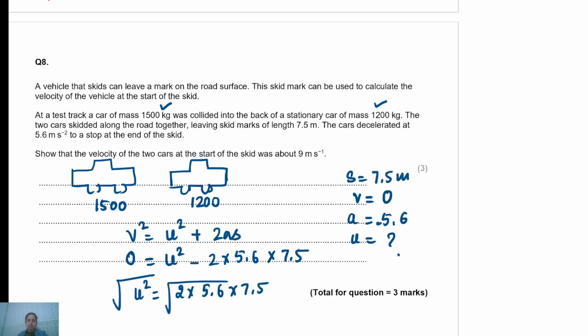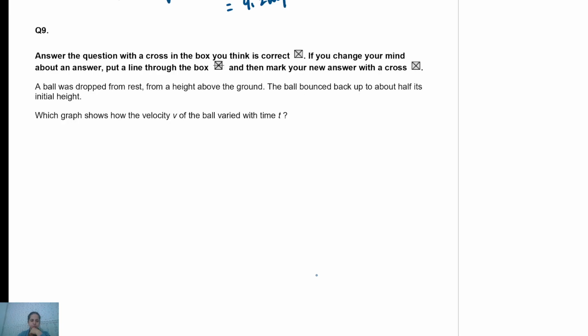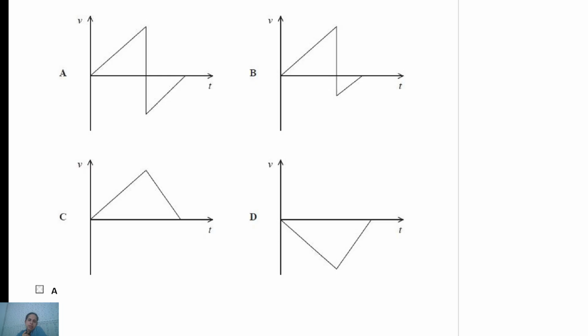A ball was dropped from rest from a height above the ground. The ball bounced up to half its initial height. Which graph shows the velocity varying with time? Let's just try and see what's happening. When the ball is falling down from this height h, what's happening to the speed?